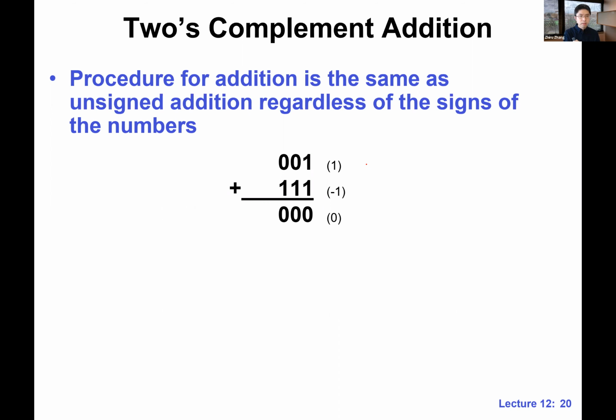For example, if you add +1 and -1, where -1 is 111, we get 0. How about 4-bit? What is 4-bit -1? This is 3-bit -1. Anyone know? For 4 bits, we have 4 ones.